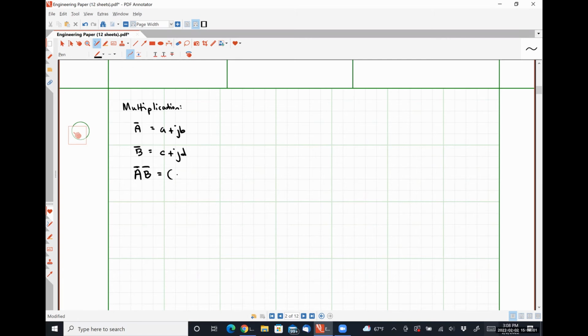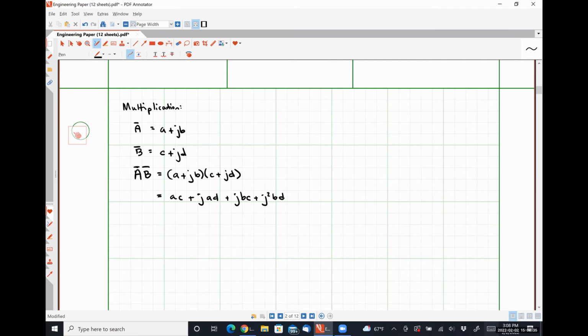So this is going to look like A plus JB times C plus JD. And I'm simply going to FOIL this out, right? So that's going to give me A times C plus JAD plus JBC plus J squared BD.